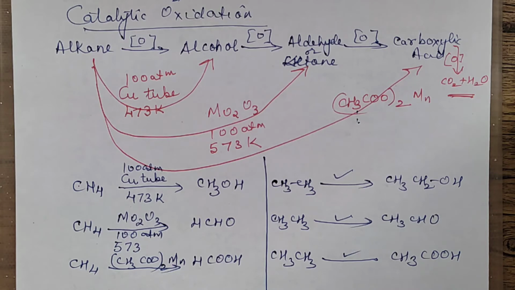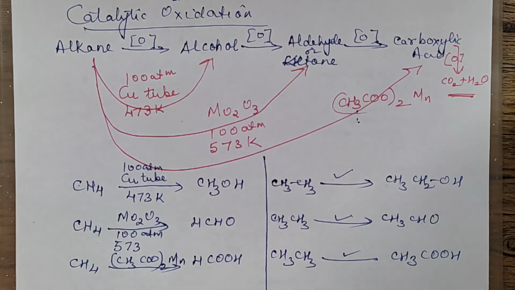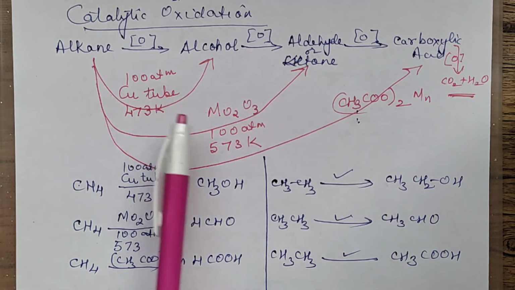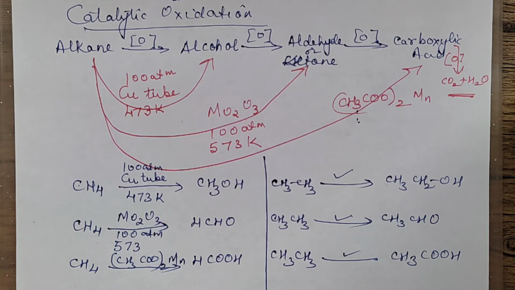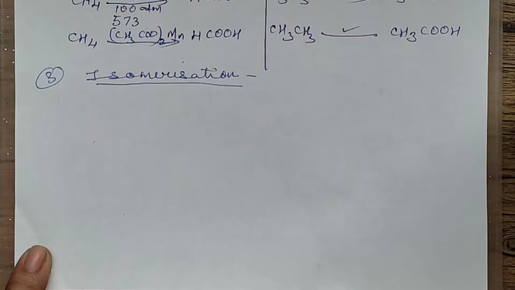So I hope this point is now perfectly clear. This is the catalytic oxidation. Depending upon what catalyst you use, you will get the corresponding product. Clear? Moving on to the next reaction, that is isomerization.